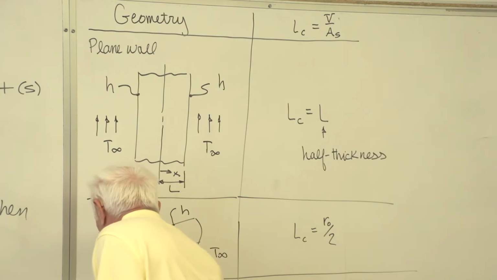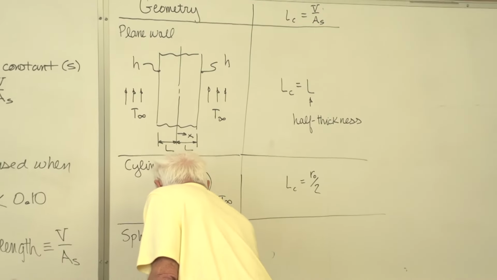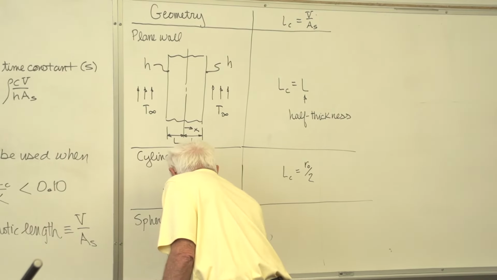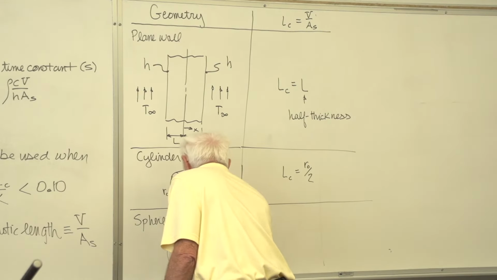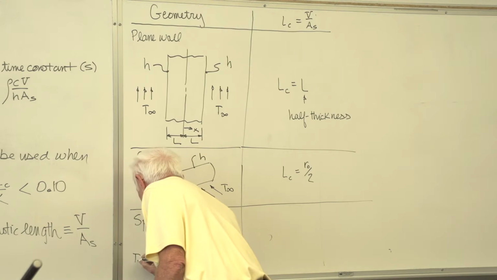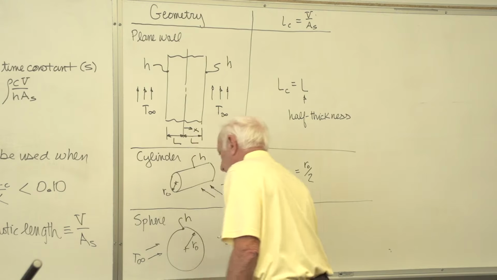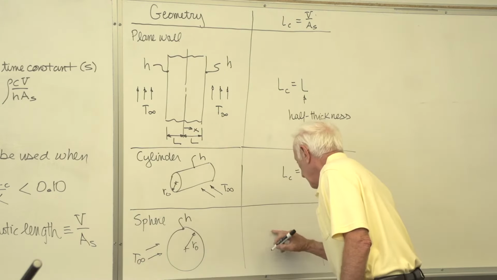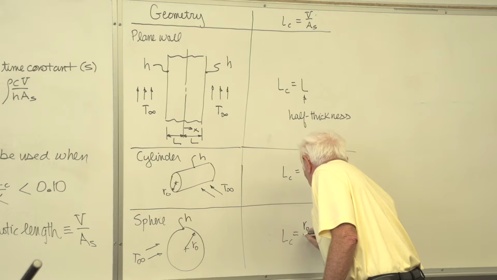Now we have a sphere. Again, we have a fluid blowing over the sphere at temperature T infinity with a convection coefficient h on the surface of the sphere. L sub c equals r naught over 3.